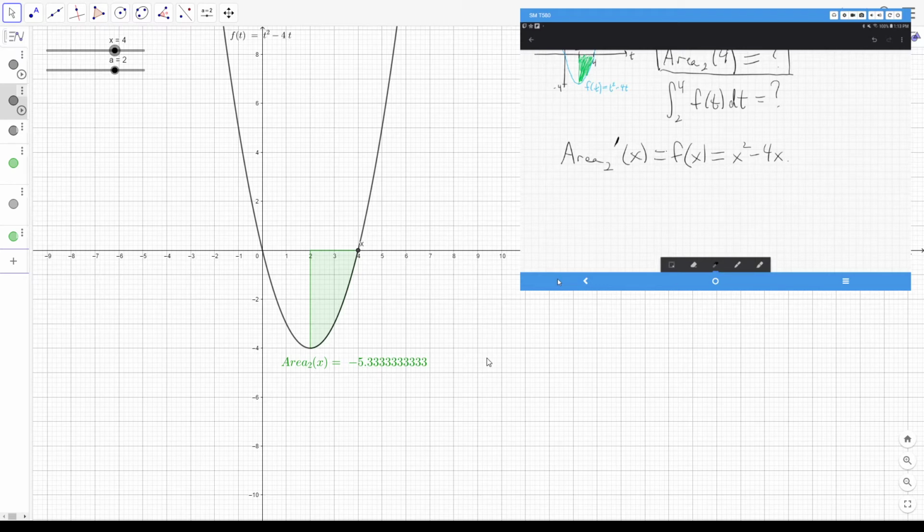Given that we know that derivative, can we figure out the original function? Well, we can use our process of calculating antiderivatives for polynomials like this. We can figure it out at least up to a constant, right? And maybe we can figure out what that constant is. Let's see.